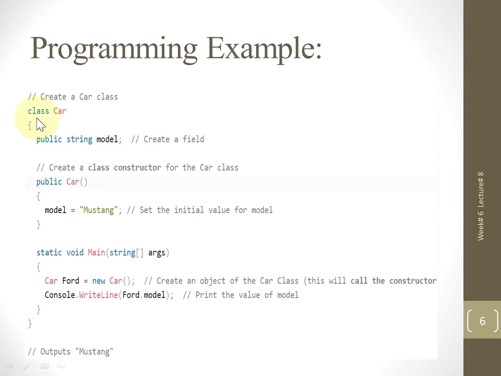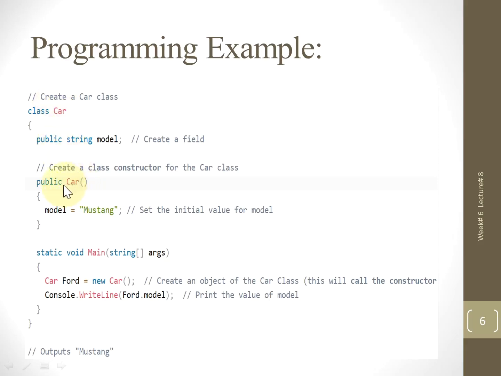First we have created a class named Car, then the class body starts and ends at the end. Then we have declared a public string data member, model, which we can also call a field. Then we have created a constructor function. How do I call it a constructor? Because the name of the class and the name of the function are the same.